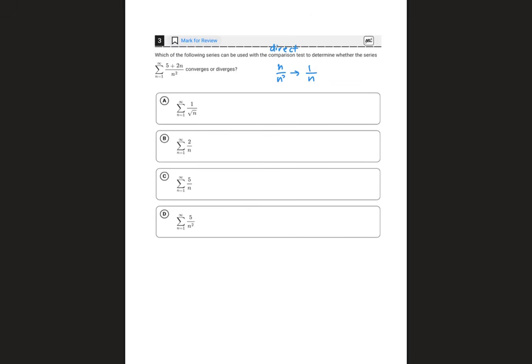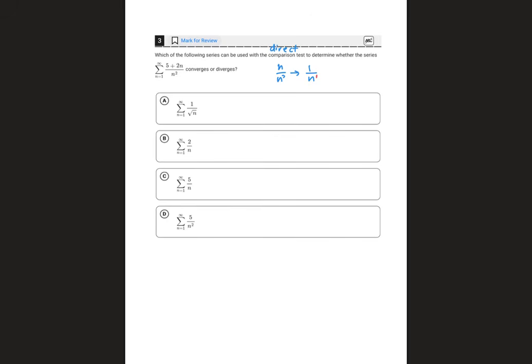You could also think of it as a p series, where p is 1. Right, the exponent of n in the bottom is less than or equal to 1, so it diverges. Okay, so we have some instinct that since this kind of simplifies to be 1 over n, if we get rid of the constants, that since this diverges, this is going to diverge also.